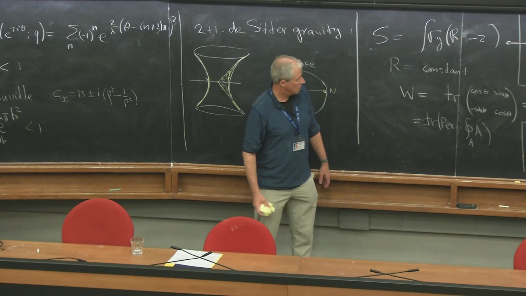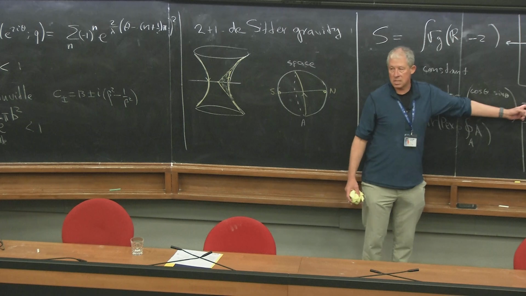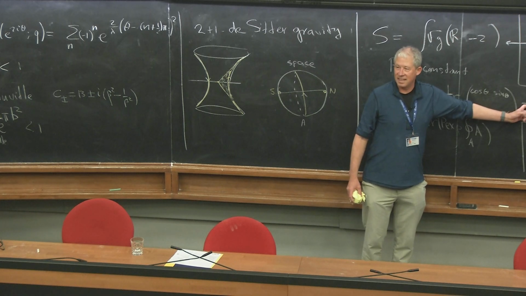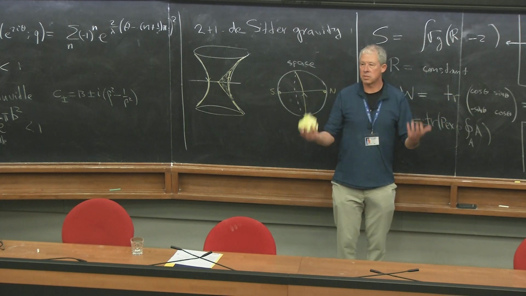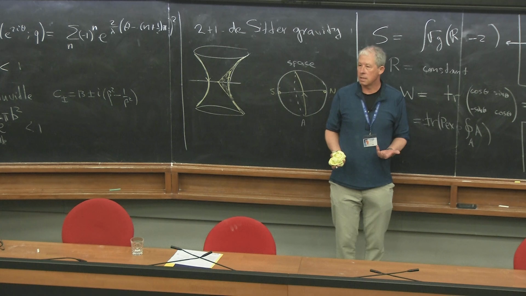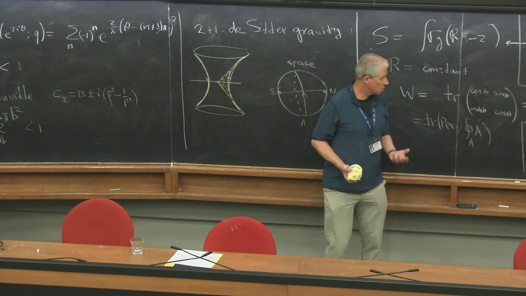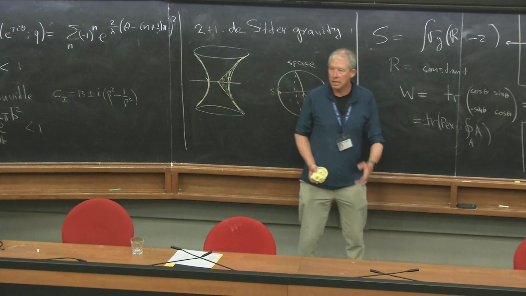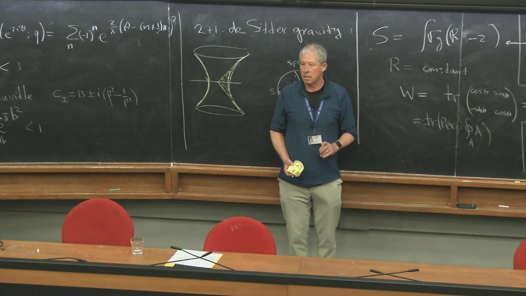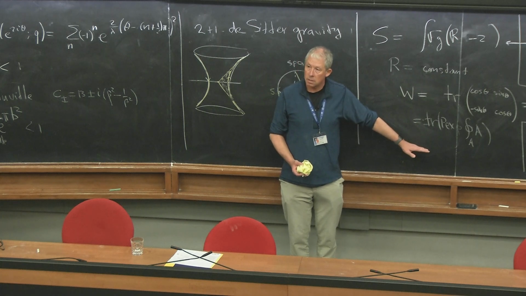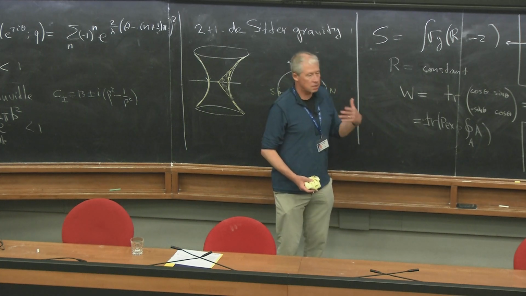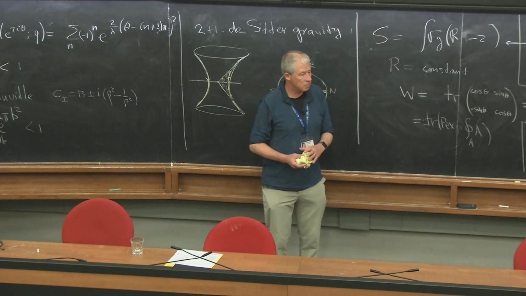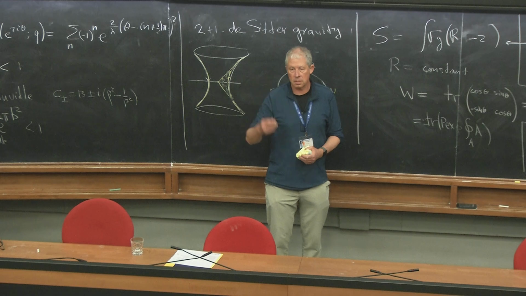But if you wish, I can also still stick to this definition, where it's just defined in terms of the transition function of my space-time. The fact that I'm writing it as a Wilson line, you'll see a little bit later why that's useful. The only thing that I'm using the Chern-Simons formulation for is for two things.